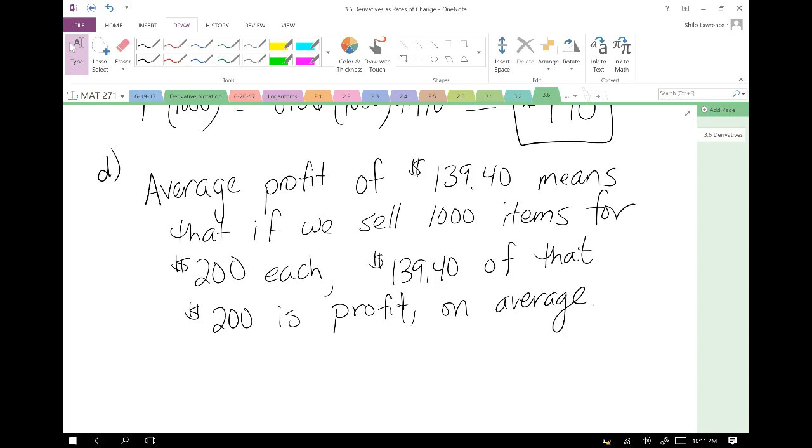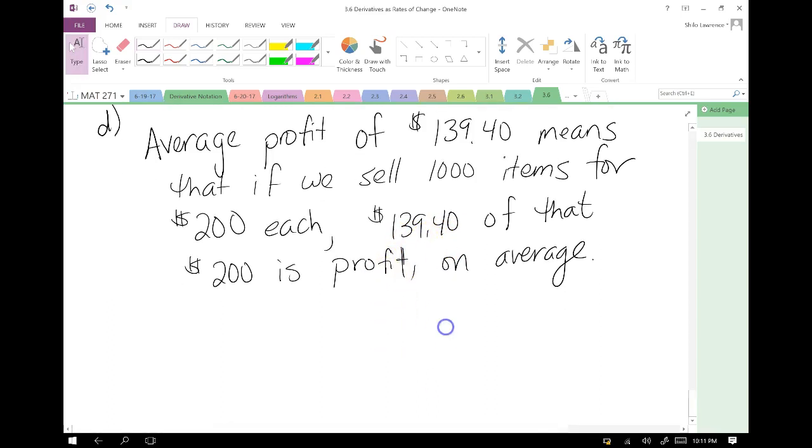So if you pay a month's rent and you produce nothing, you still have to pay the rent. Or you can pay a month's rent and you can produce a million things, but your rent is still the same. So it's a fixed cost. So we can spread that rent out over a million things and make a lot of profit, or we can spread it out over nothing and lose a lot of money because we still had to pay rent.